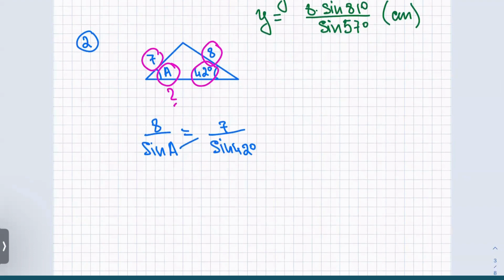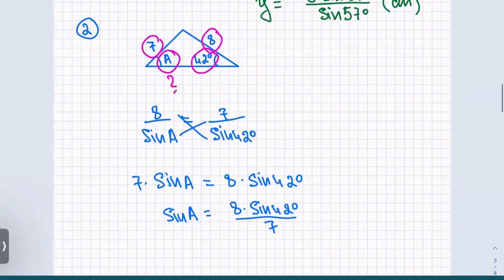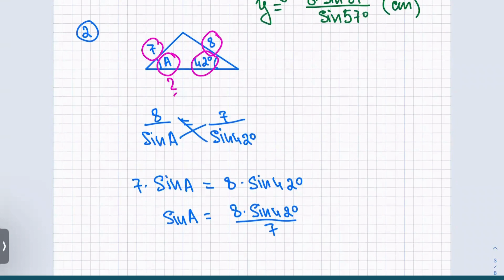So to solve for a, first we have to solve for sine a because a is hidden under sine. So here we will get that 7 times sine a is 8 times sine 42 degrees. So from this it follows that sine a is equal to 8 times sine 42 degrees over 7. But dear students, we haven't solved for a yet because we have sine a.